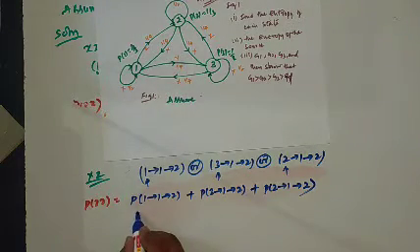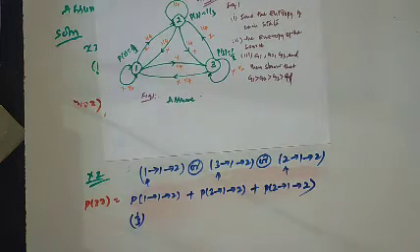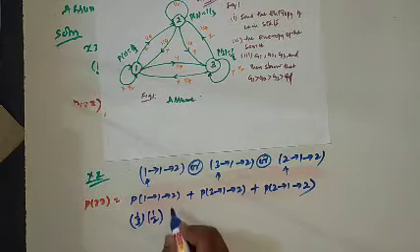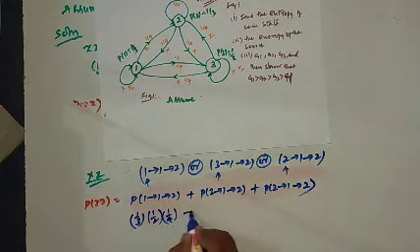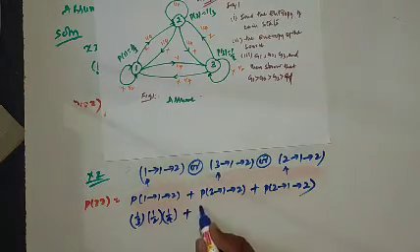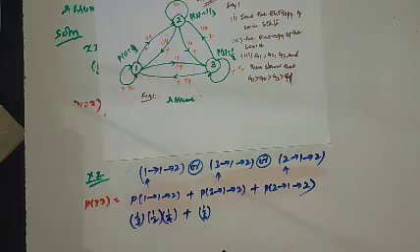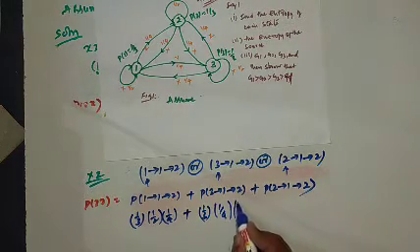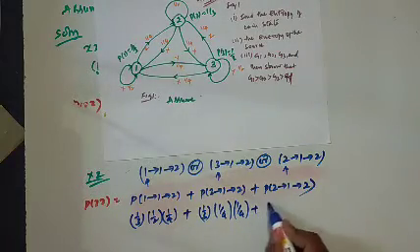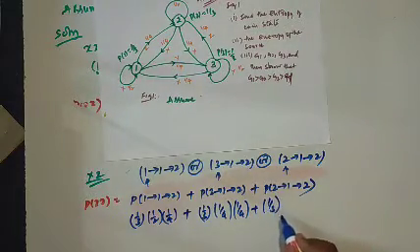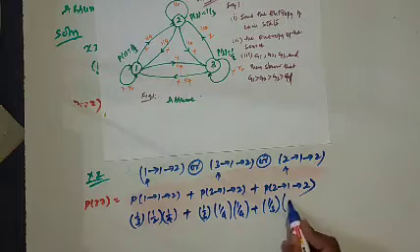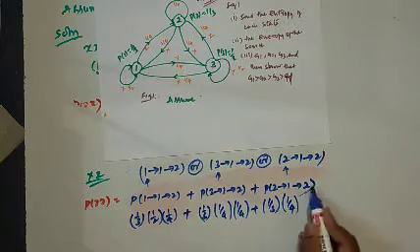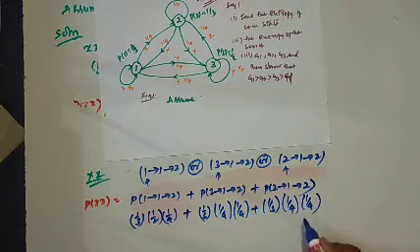So the probability of 1 is 1 by 3, 1 to 1 is 1 by 2, and 1 to 2 is 1 by 4, plus probability of 3 is 1 by 3, 3 to 1 is 1 by 4, 1 to 2 is also 1 by 4, plus probability of 2 is 1 by 3, and 2 to 1 is 1 by 4, and 1 to 2 is also 1 by 4.